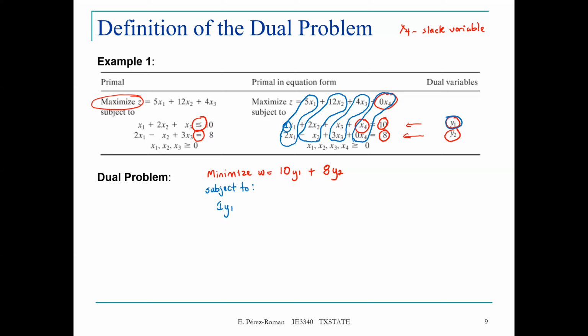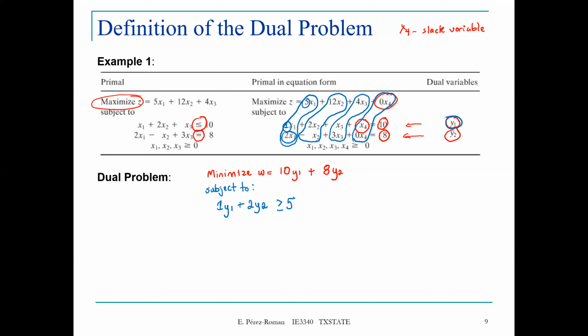And then the coefficient for the second constraint is 2, so it's 1 y1 plus 2 y2. As mentioned earlier, since you're going from maximization to minimization, the constraints are going to be greater or equal to. And the right-hand side of the constraint is going to be the coefficient in the objective function. So this is 5.